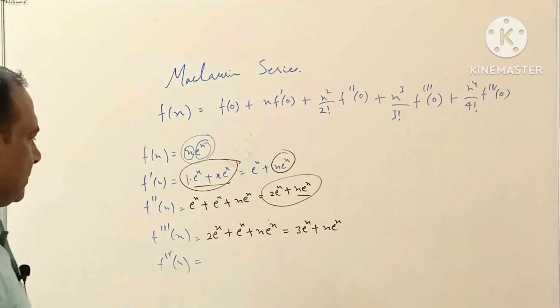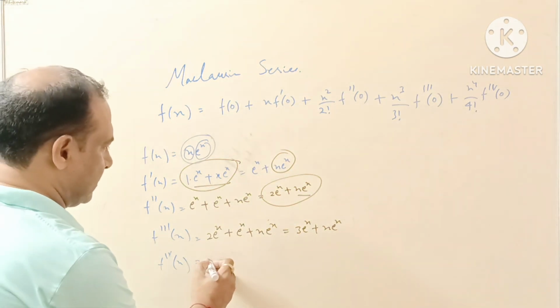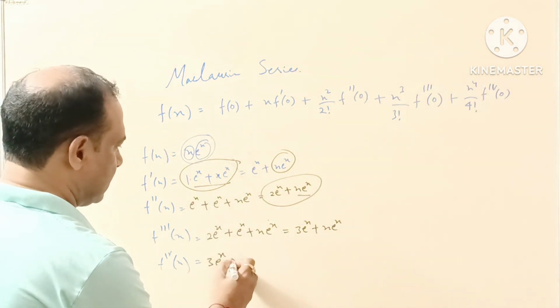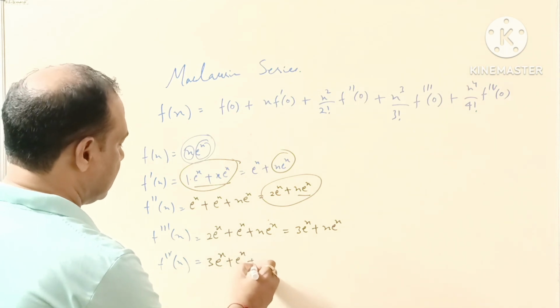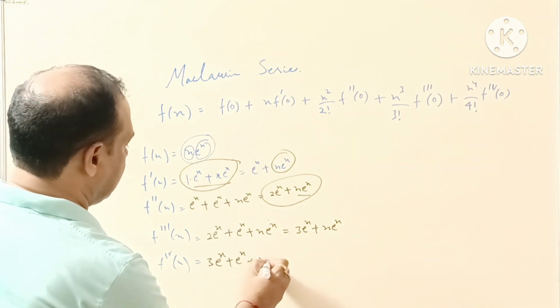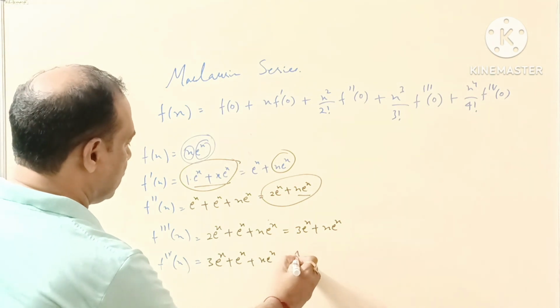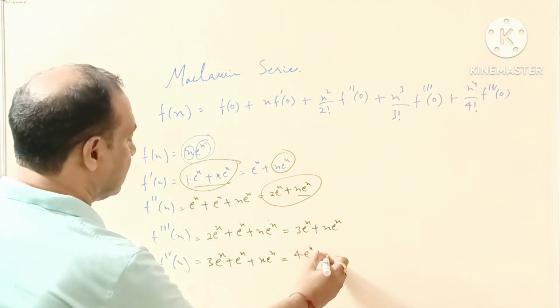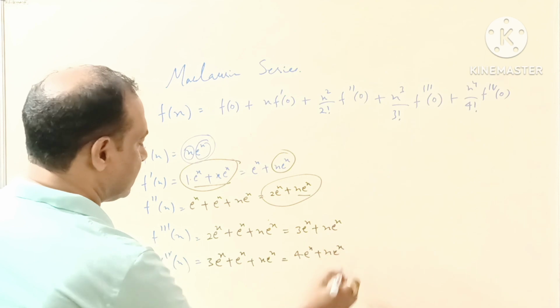Now comes the next part. Again the same method: 3 e^x plus e^x plus x e^x gives 4 times e^x plus x e^x.